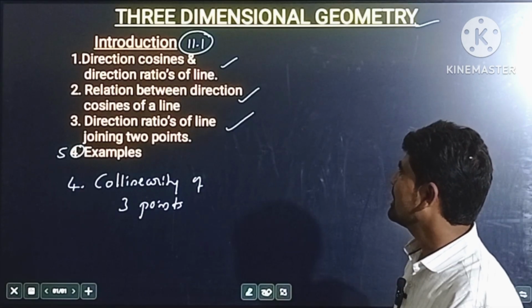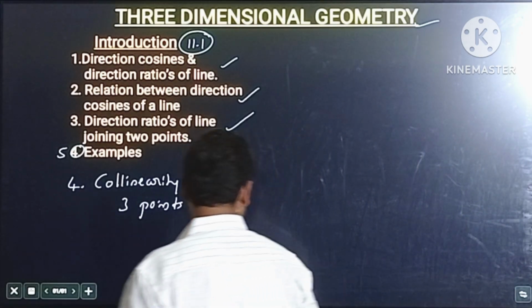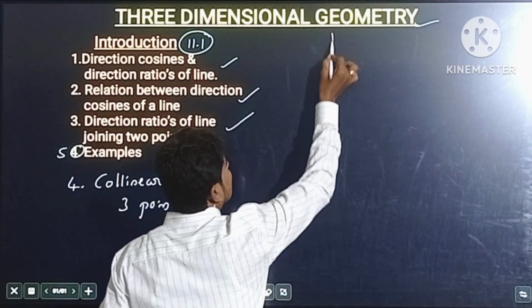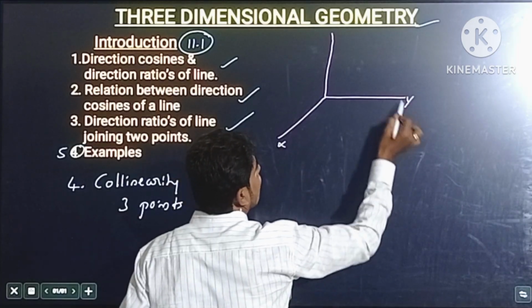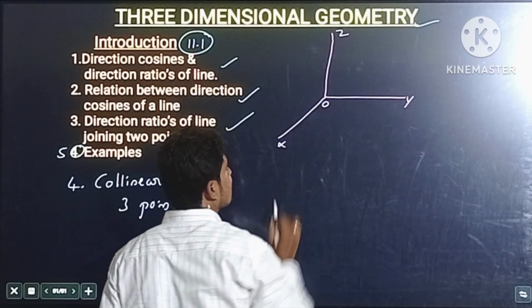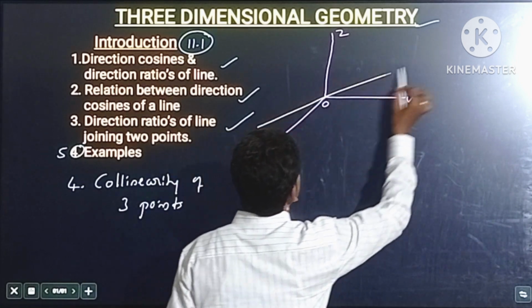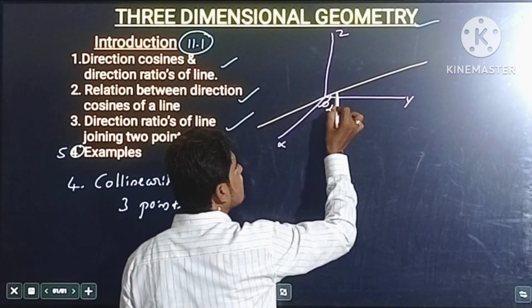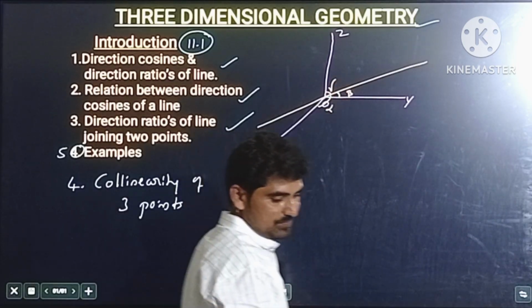The first concept is direction cosines and direction ratios of a line. See here, as you know, this is the x-axis, y-axis and z-axis, and this one is the origin. Let us consider a line which makes an angle alpha with the x-axis, beta with the y-axis and gamma with the z-axis.